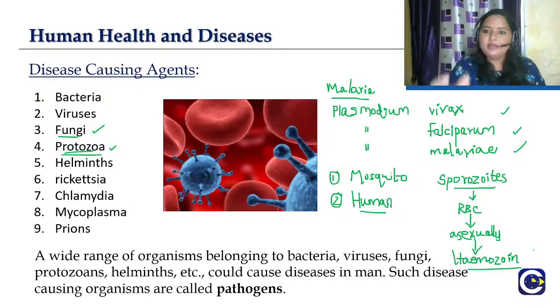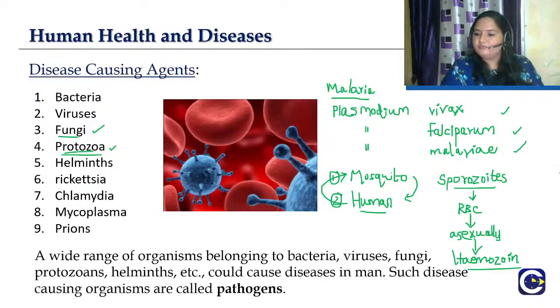That's why malaria is characterized by two major symptoms. One is the high fever and shivering. It happens periodically every 48 to 72 hours. That periodicity is just because of the interchange between the stages in the hosts, human and mosquito.